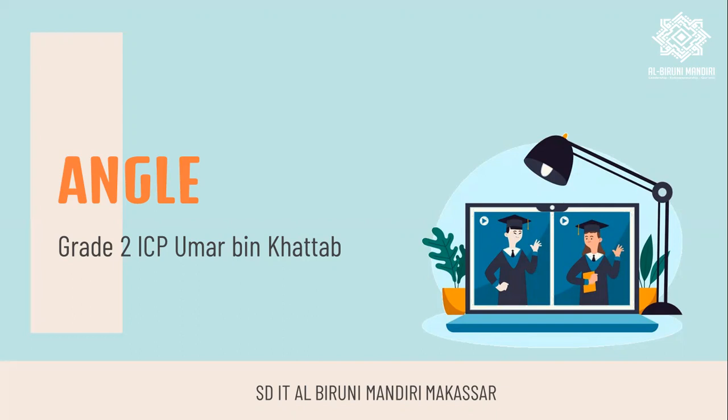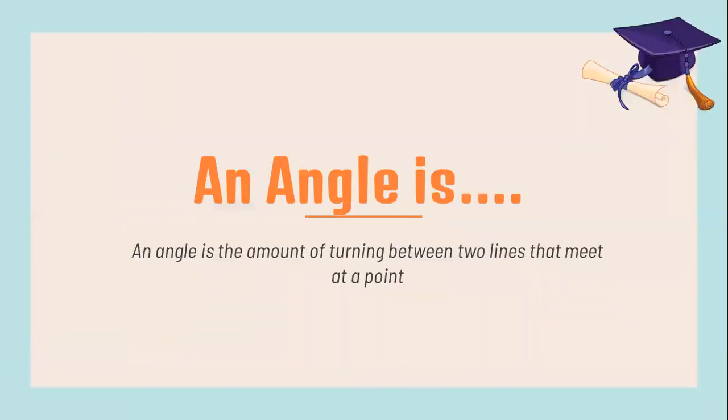Okay. After that, we are going to start the explanation. Today, our topic is still about angle. So I hope you still remember the definition of angle. Just to remind you, an angle is the amount of turning between two lines that meet at a point.